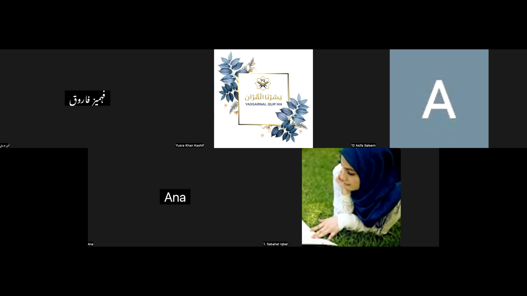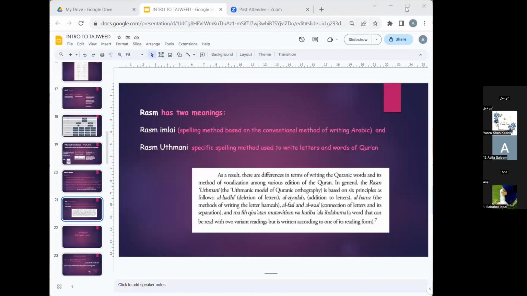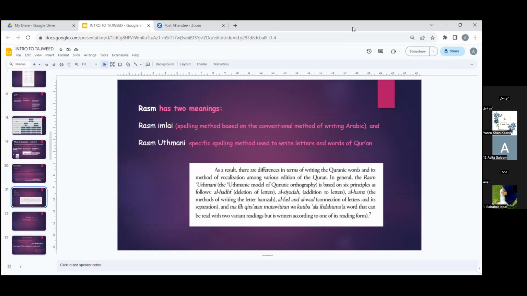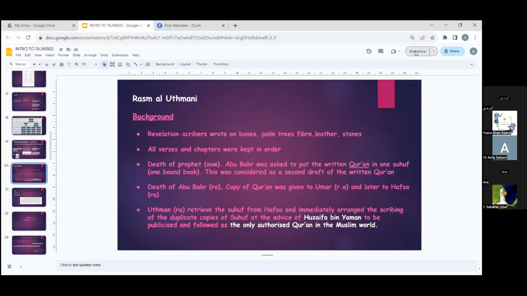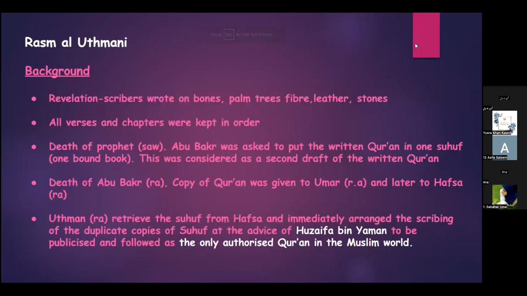This problem was solved during the time of Uthman bin Affan radiyallahu ta'ala anhu. Since then, this writing, Rasm Al Uthmani, became the authority, a standard for the Muslims to follow.